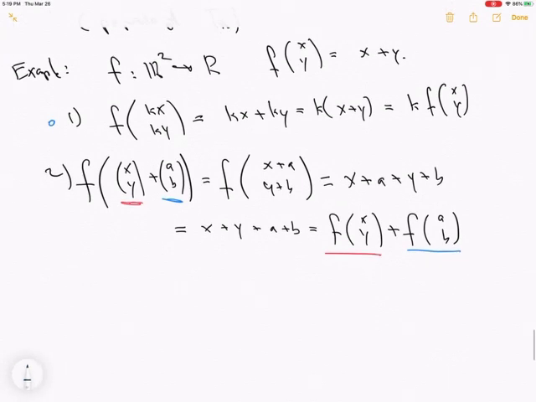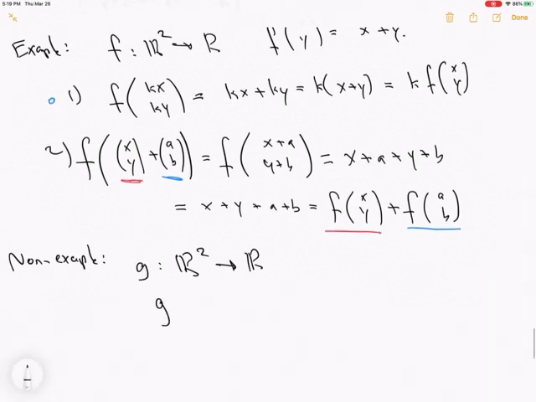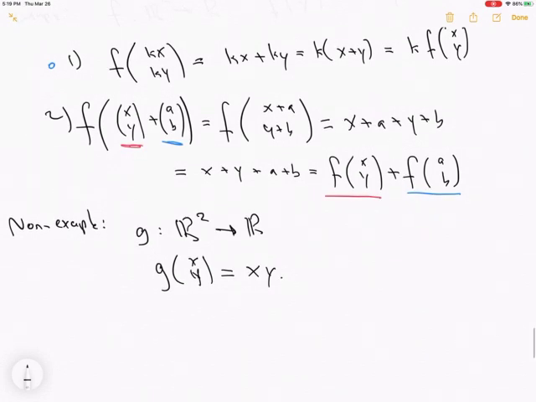And I'll give you a non-example. The dimensions can be arbitrary, but I'm keeping them simple. I won't use f. Say g from R2 to R is defined by g of (x, y) spits out the number x times y. It satisfies neither property, so it's nonlinear.